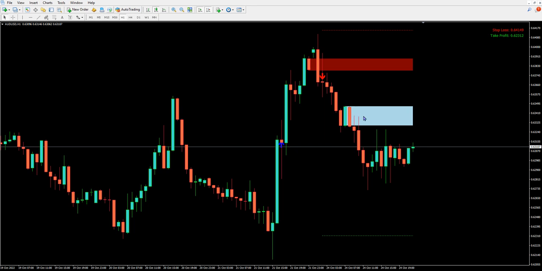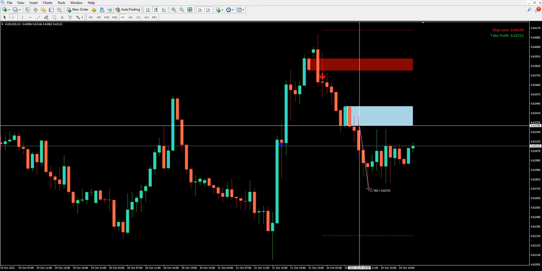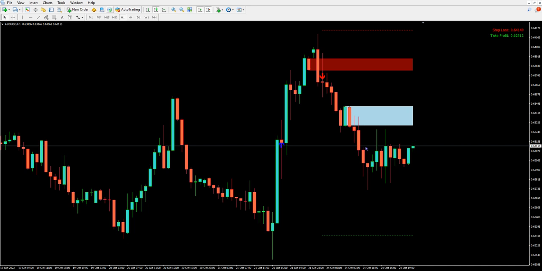But now this zone here, for instance, it marked out this zone, and could there have been some shorts taken in here? Sure. As you can see, some wicks into about the 50% level of the zone, and then a little bit of a drop, 56 pips.